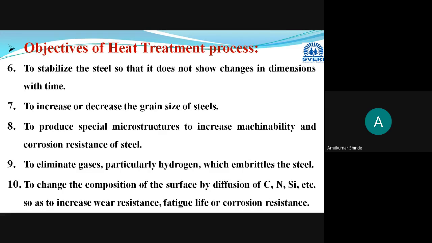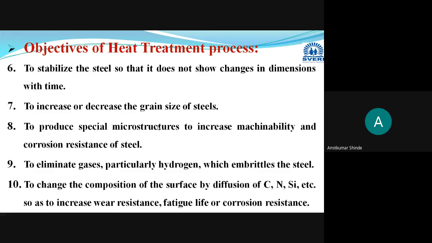The next objective of heat treatment is to eliminate the gases present in a particular material. Whenever gases get entrapped, suppose in steel, embrittlement will take place in that steel. What is embrittlement?